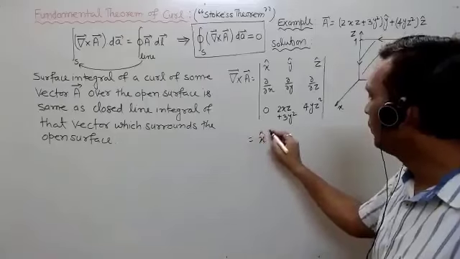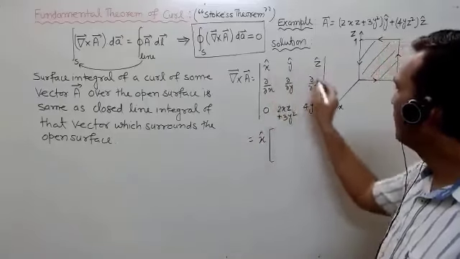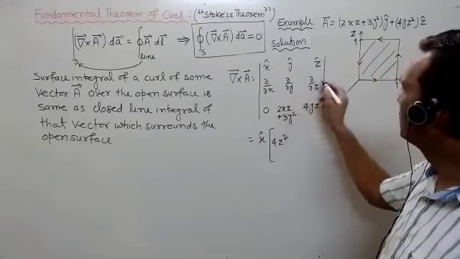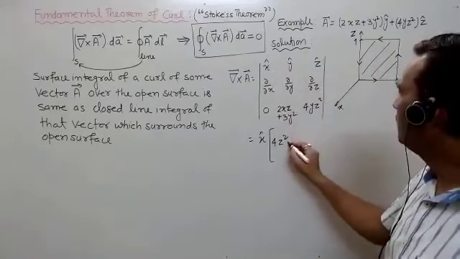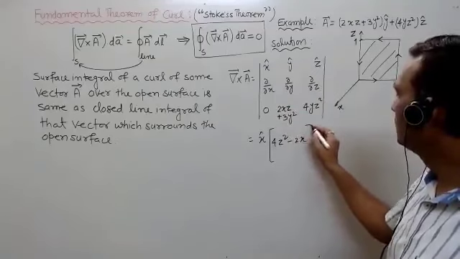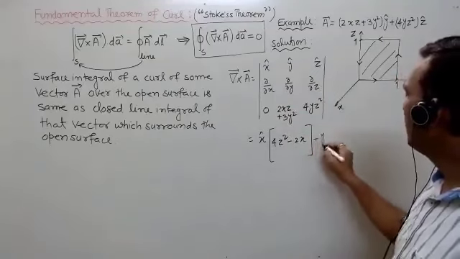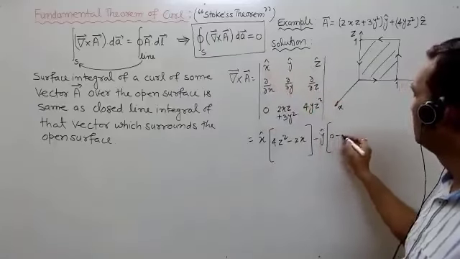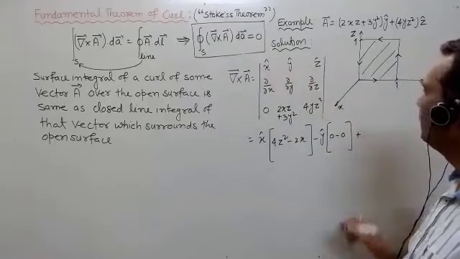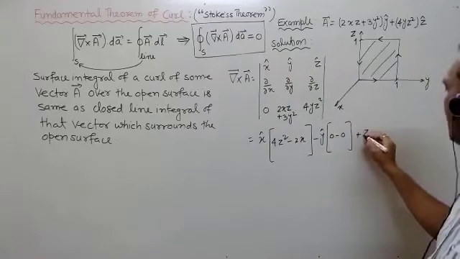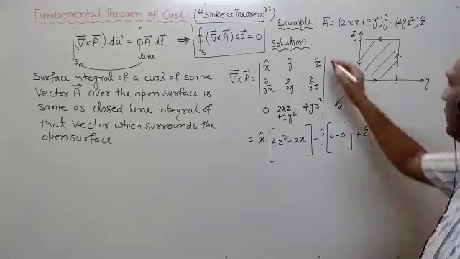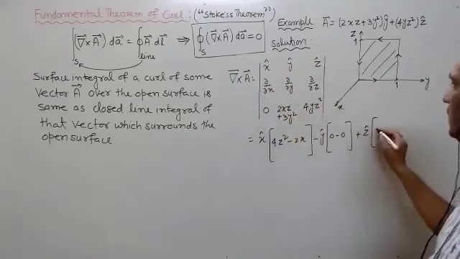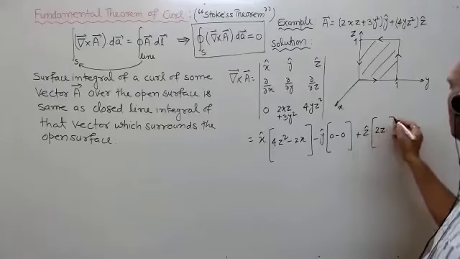What will be the x cap component? The x cap component is 4z square minus 2x. Then minus y cap, which is 0 minus 0, and then plus z cap. This will be 2z minus 0.